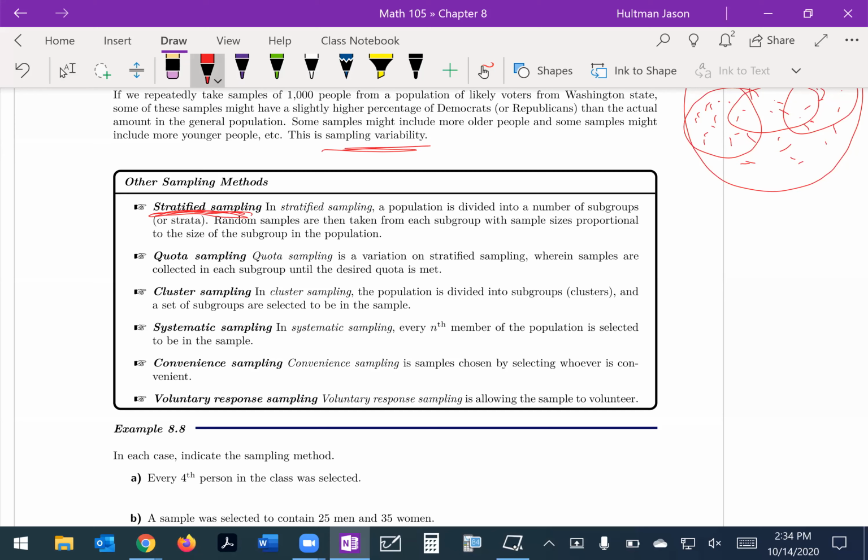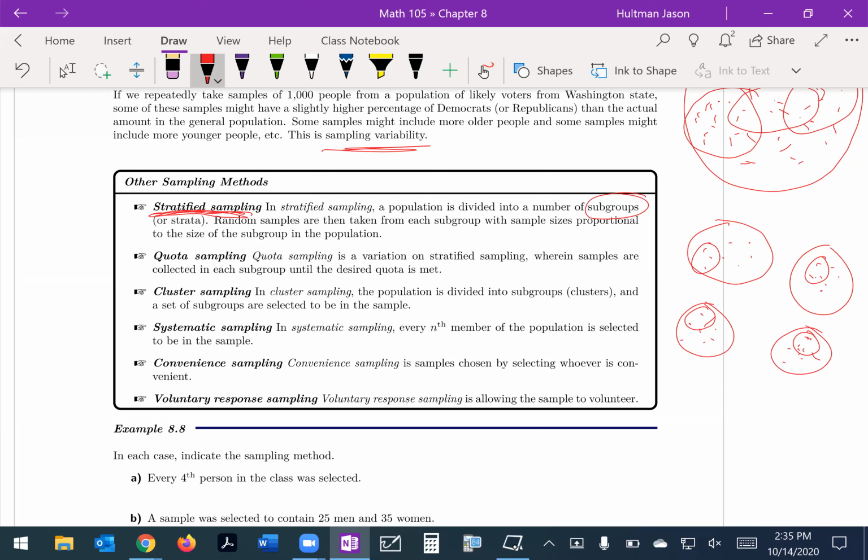In stratified sampling, a population is divided into a number of subgroups called strata. Random samples are then taken from each group. So maybe 3 from this group, 3 from this group, 3 from this group, and 3 from this group. That's a good way to do that.